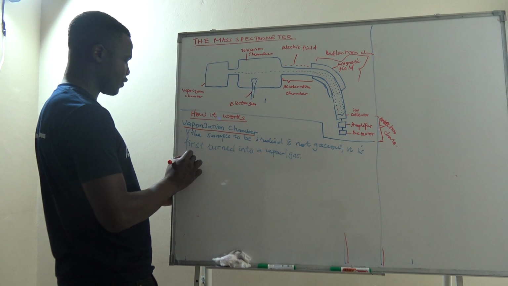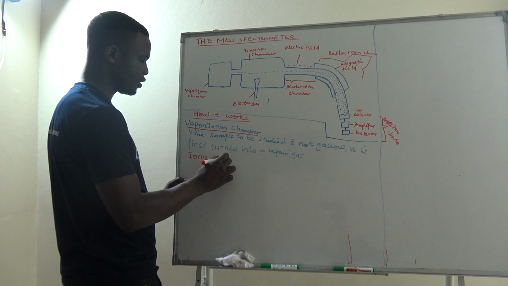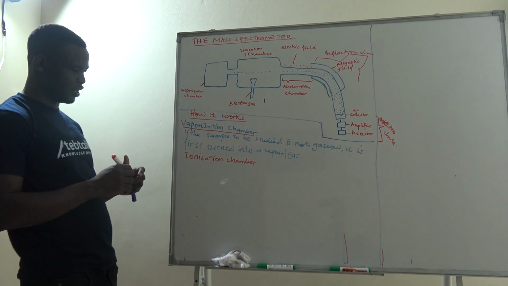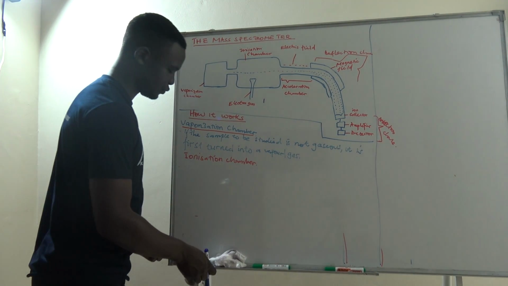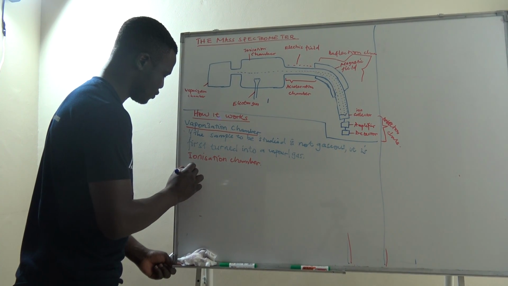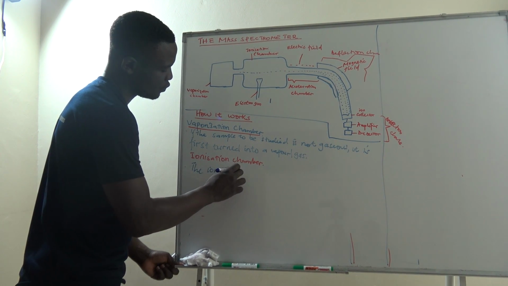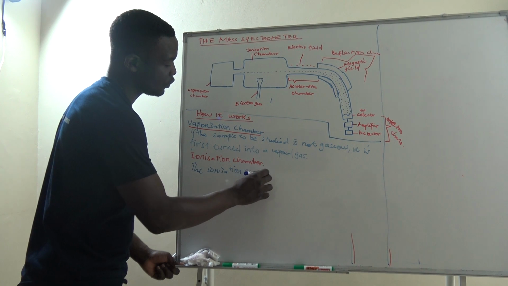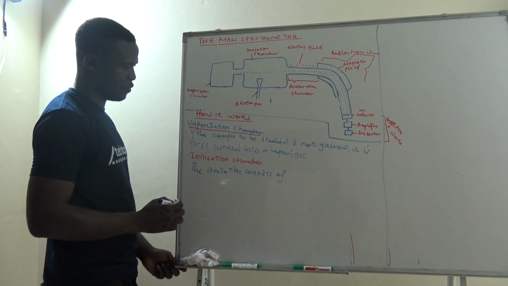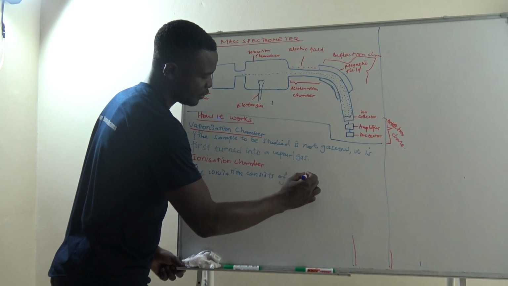Now, from the vaporization chamber, this sample is sent to the ionization chamber. Now, what happens in the ionization chamber? The ionization chamber consists of an electron gun.